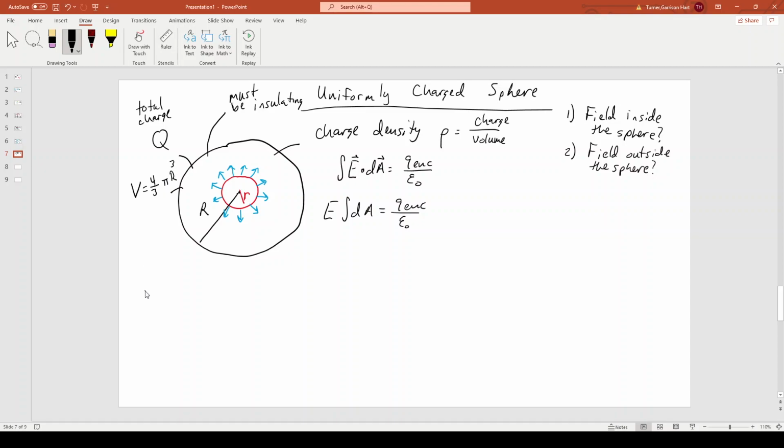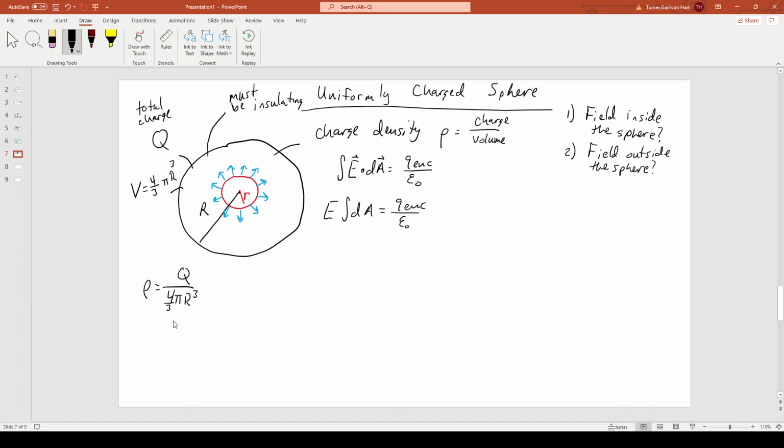So rho is going to equal Q over 4/3 pi R cubed.